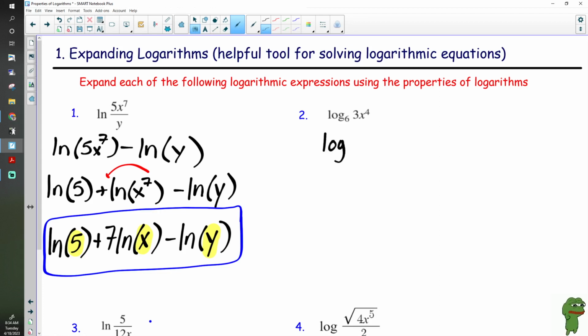So log base 6 of the first thing being multiplied, a 3, plus, because it was multiplication, log base 6 of the second term being multiplied, x to the 4th. We literally just split it up into 2 logs.